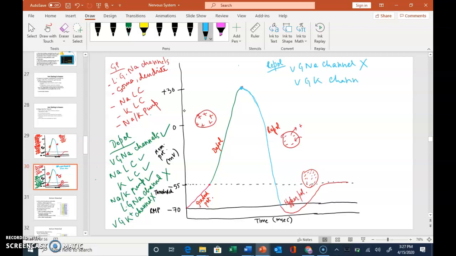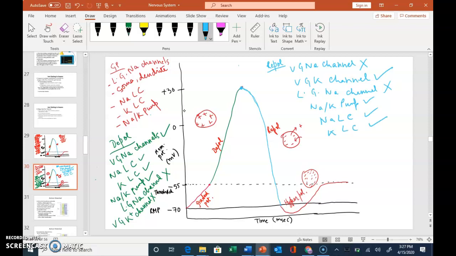They open at positive 30, and the voltage-gated potassium channels are responsible for repolarization. What is going on with the ligand-gated sodium channels? They are closed. How about the sodium-potassium pump? Well, it is open. How about the sodium leak channels? Open. Potassium leak channels open.